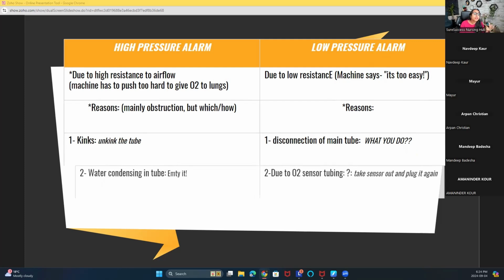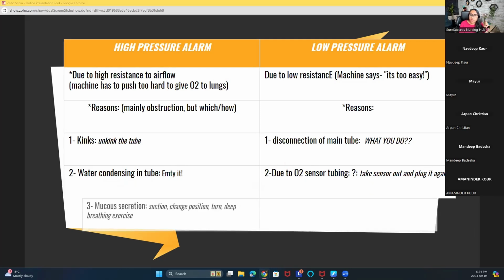Sometimes there is secretion, sometimes there is water in the tube. What will you do? Empty it. Yes, as Arpan said, there could be a mechanical issue. Sometimes the oxygen sensor tubing, you will take it out and plug it in. It will be good. Another thing is mucus secretion, where you will do the suctioning.